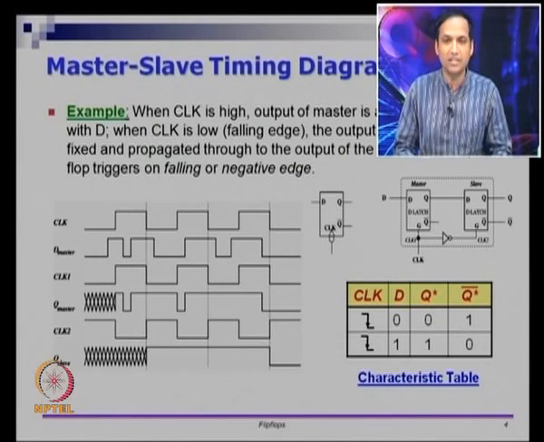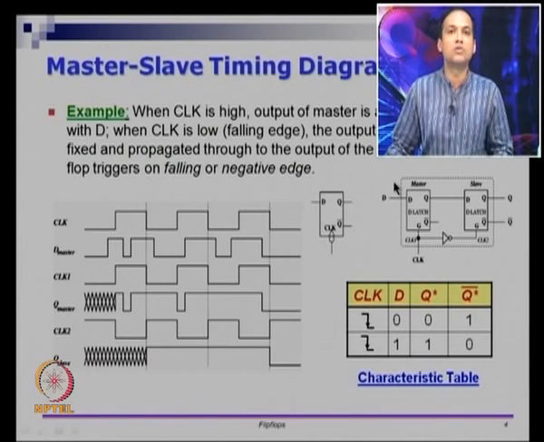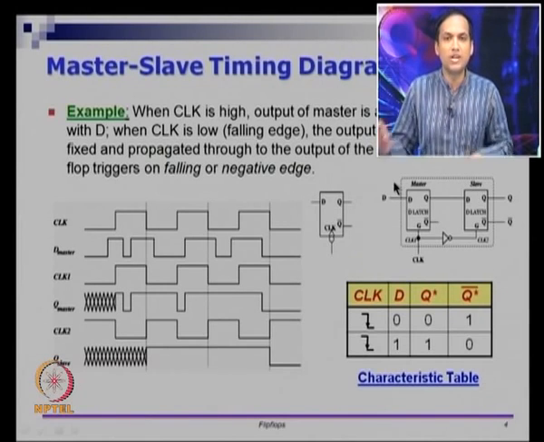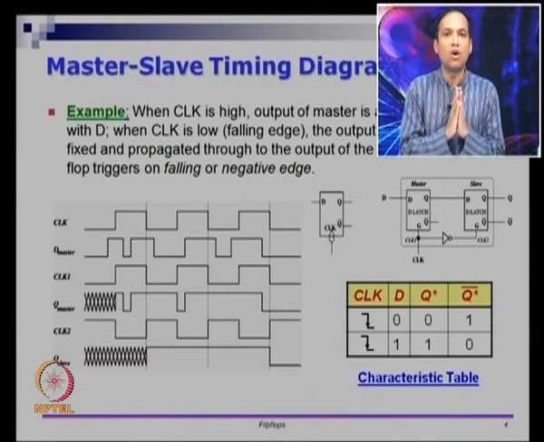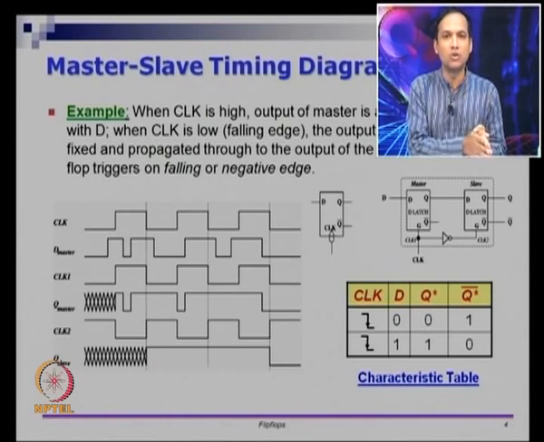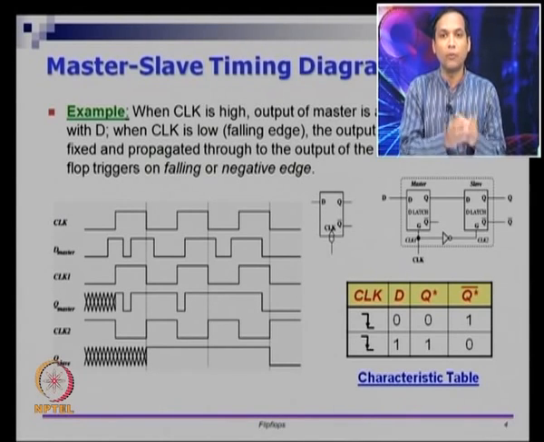Let me restate it. My claim is that this black box, which is called the D flip flop, is going to check what the value of D is on the negative edge of the CLK signal. If on the negative edge of CLK, D is 0, it will copy that, if D is 1, it will copy that, only during the negative edge of the clock.